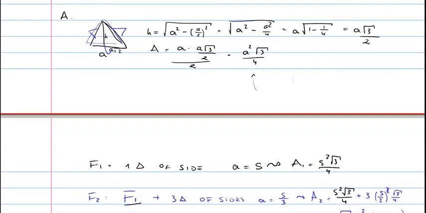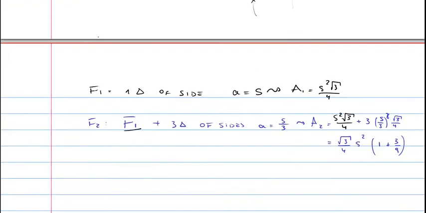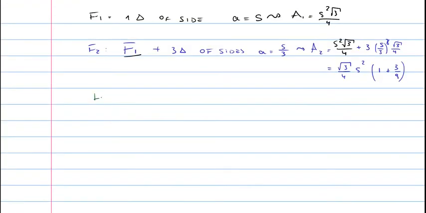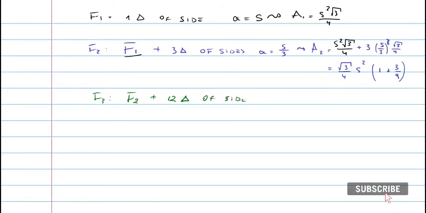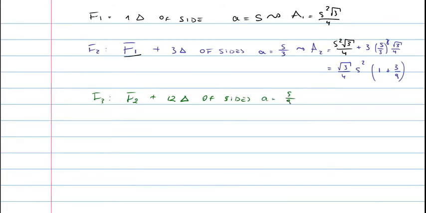Now on the third F we have again everything we had before, and we have to add all these smaller triangles. So F3 will be the triangle we had before plus 12 smaller triangles of sides a equal to s over 9.